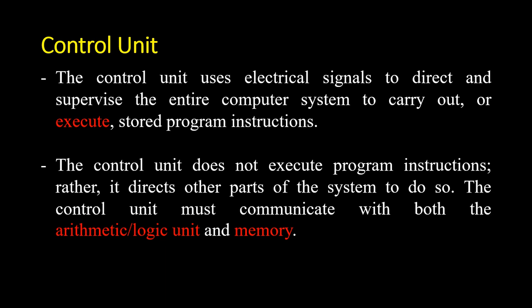Now, when you are reading, you must always be calm and follow line by line, so that you don't get lost in the explanation. Like here, you should know the role of the control unit very well, separate from those of the arithmetic and logical unit and memory.